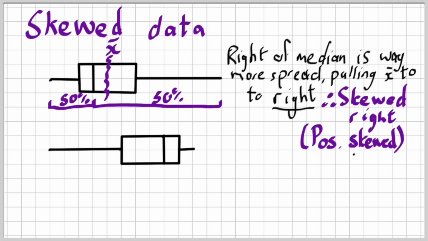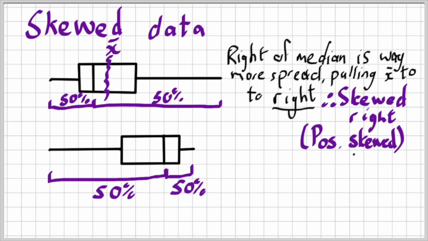Now, if you look at the second one, I can promise you'll be able to tell me in a heartbeat which side is more spread out, bottom 50% or the top 50%. Well, definitely the bottom 50%.